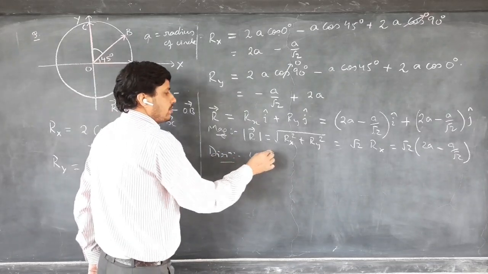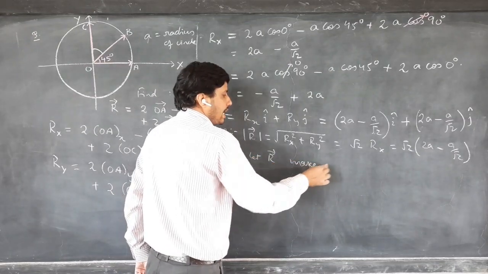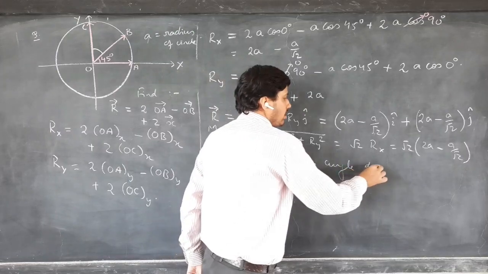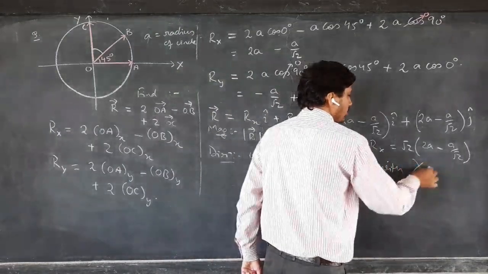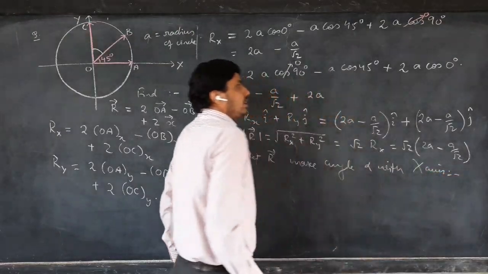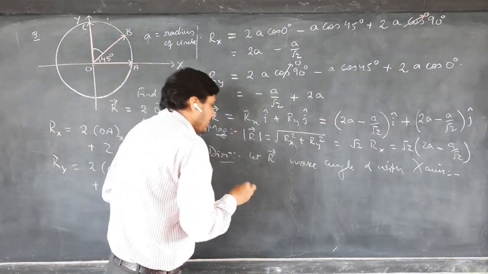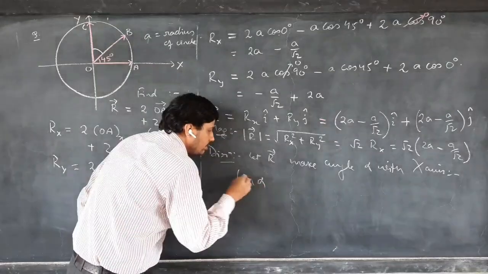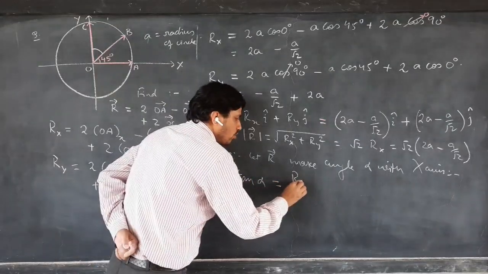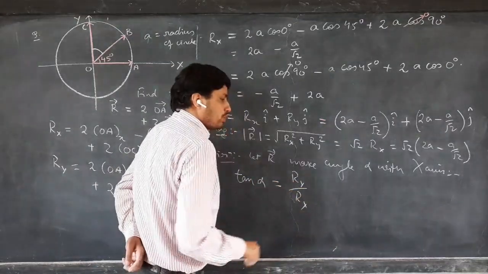Let R vector make angle alpha with the x-axis. Then tan alpha will be the y component of R vector by its x component.